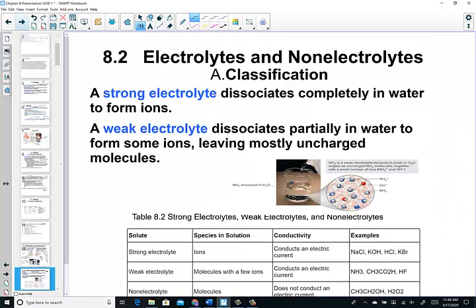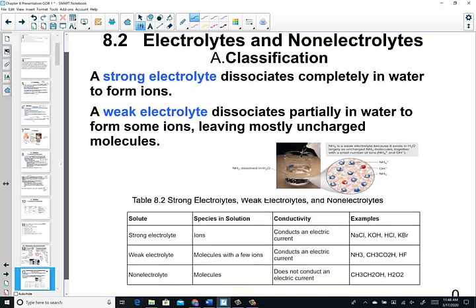Electrolytes, in terms of classification, can be broken down into two different categories, called strong electrolytes and weak electrolytes, and then we'll talk about non-electrolytes as well. A strong electrolyte dissociates completely in water to form ions.